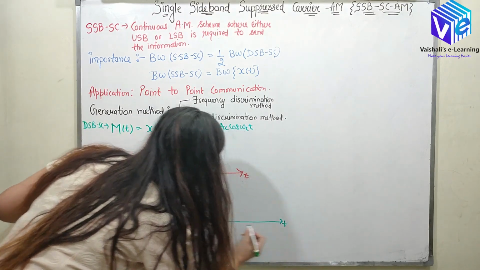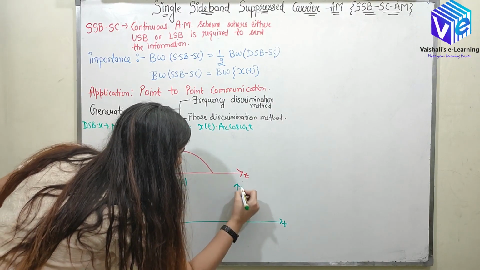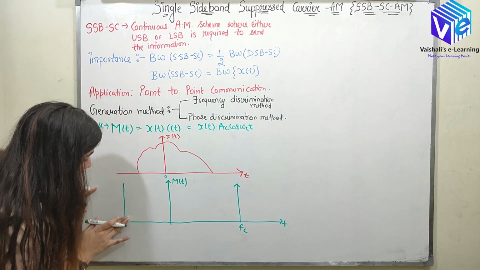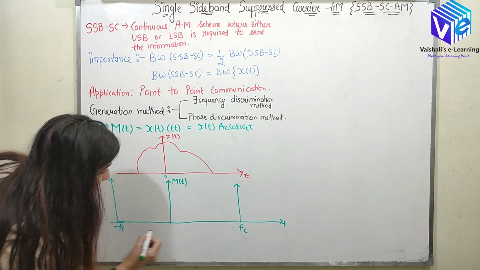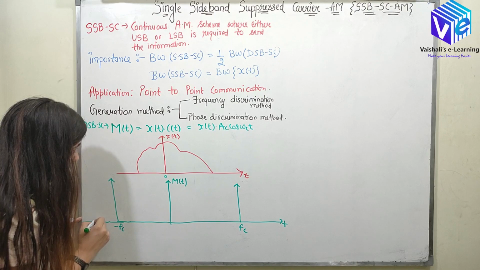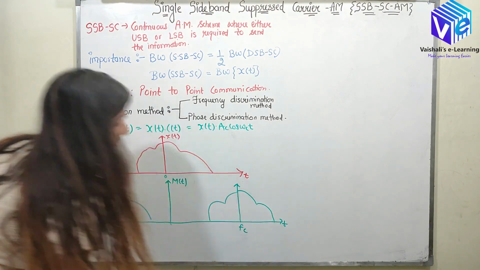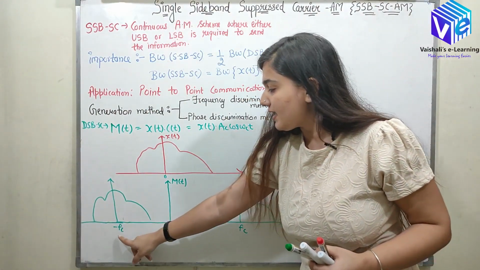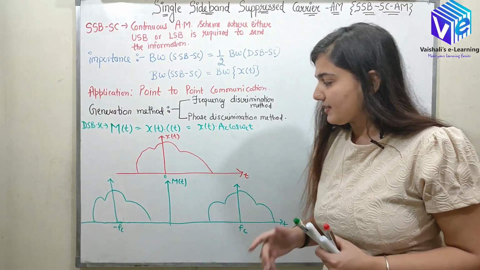I hope you remember how I drew this. So at a high frequency fc and minus fc, I have the same signal. So the same signal is superimposed at fc and minus fc.